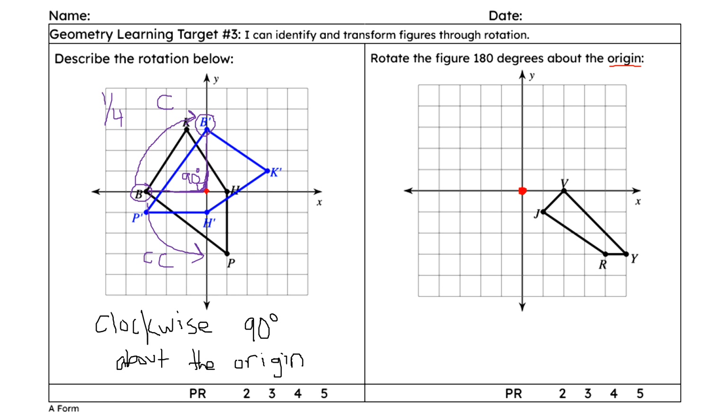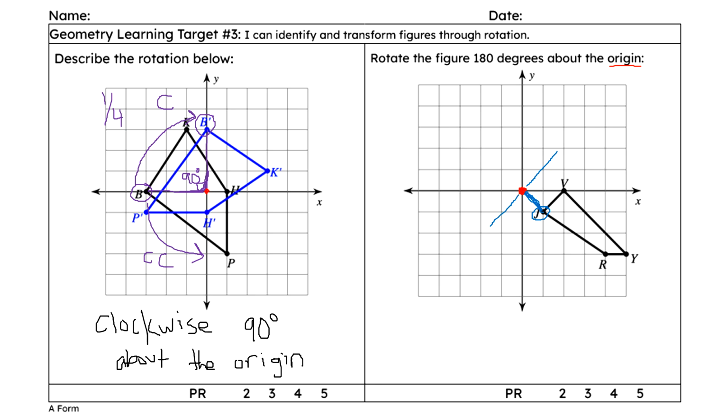So let's start with point J right here. Here's point J. I'm going to map J to the origin. And now I need to go a full 180 degrees from there. So I'm not doing a quarter turn. This is where a quarter turn would end up in this direction if it were counterclockwise, or in this direction if it were clockwise.